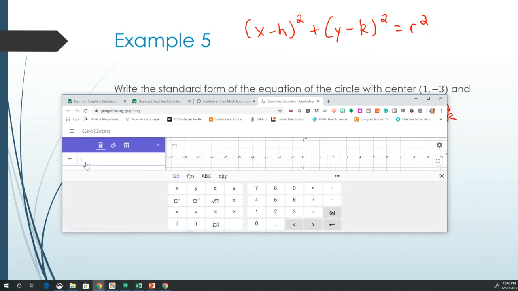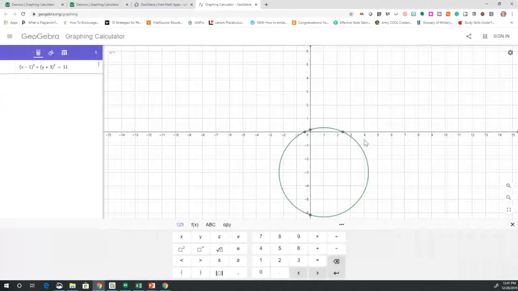Okay. So I'm going to do the same thing. I'm going to enter in my equation, x minus 1 squared plus y plus 3 squared equals 11. So it has the same shape, basically.